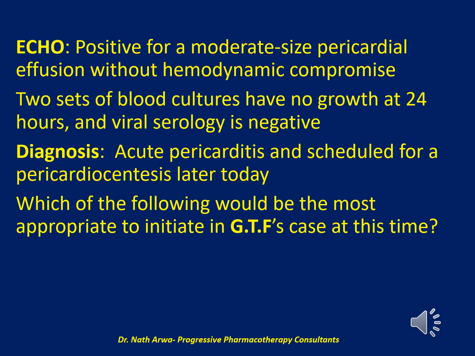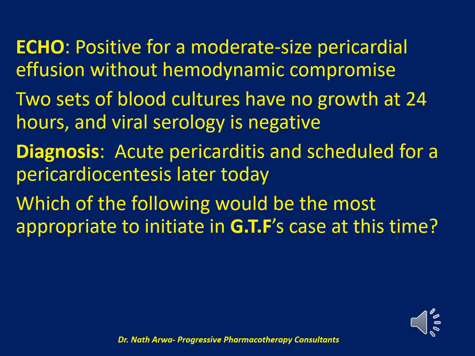An echo is done and turns out positive for a moderate-size pericardial effusion without hemodynamic compromise. 2 sets of blood cultures have no growth at 24 hours, and viral serology is negative. A diagnosis of acute pericarditis is made and he is scheduled for a pericardiocentesis later today.